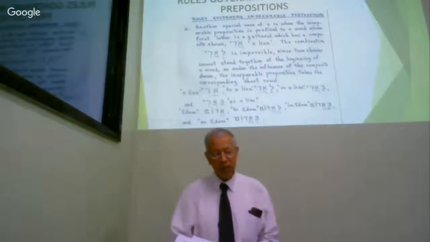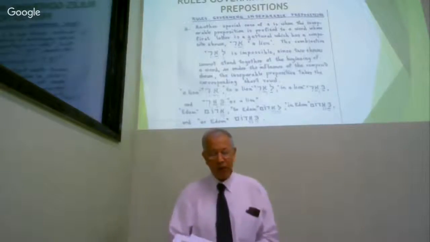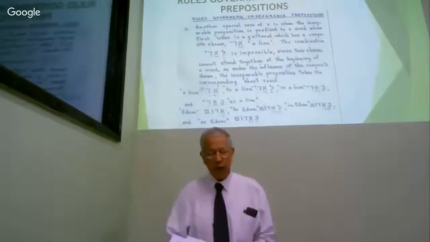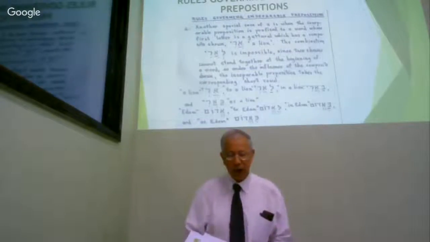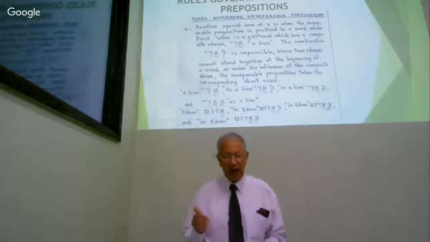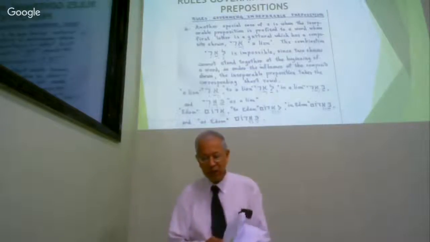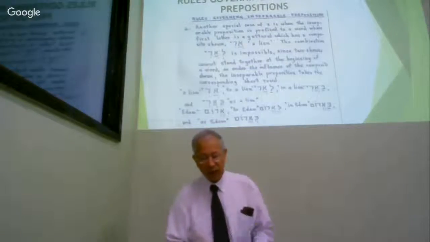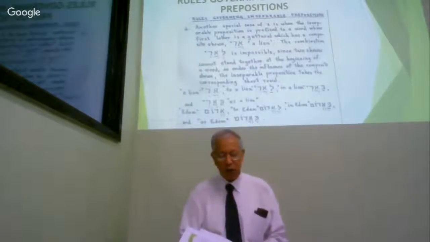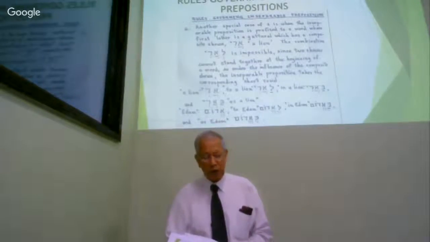It is a composite shewa consisting of a pathah, and to the right of the pathah is a simple shewa. The pathah and the simple shewa together is a composite shewa called hateph pathah. So you have ari, a lion. The combination of le, ari is impossible, since 2 shewas cannot stand together at the beginning of a word. So under the influence of the composite shewa, the inseparable preposition takes the corresponding short vowel.